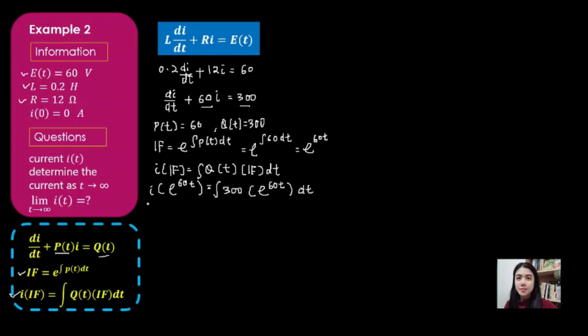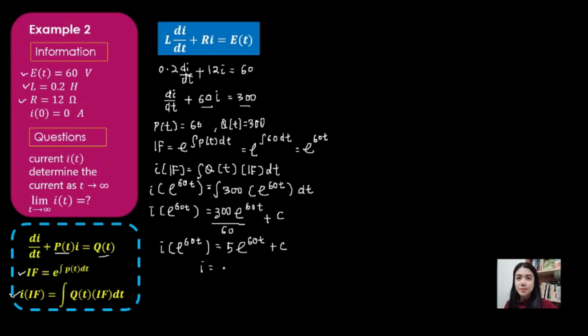So you integrate the right-hand side. You are going to have 300 e^(60t) divided by 60, plus C. Simplifying the right-hand side, it gives you 5e^(60t) plus C. Now divide all the terms by e^(60t).